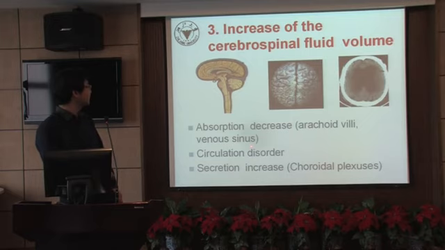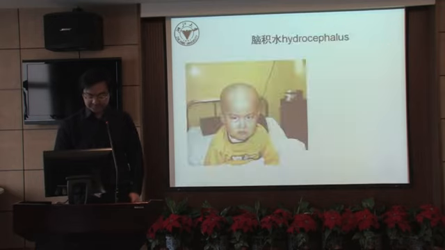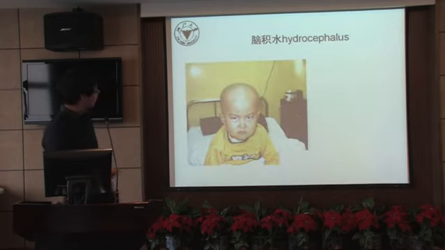All these three reasons will cause the increase of cerebrospinal fluid volume. This is the third reason for intracranial hypertension. In this picture we can see hydrocephalus in this boy.